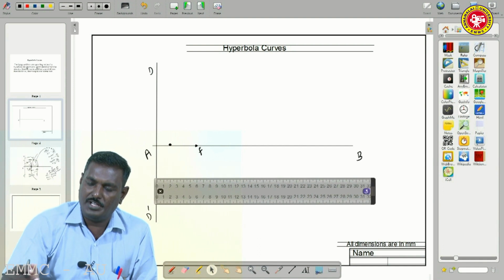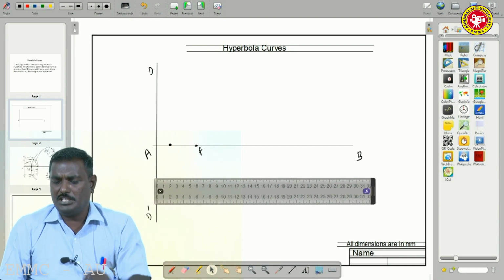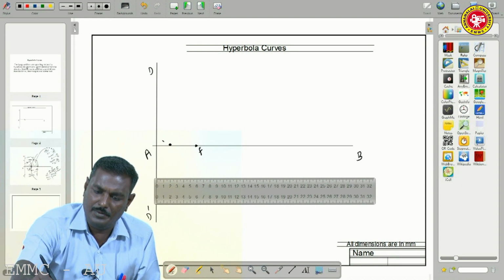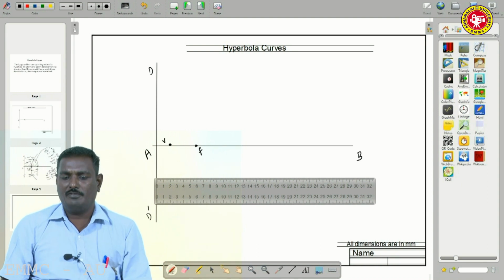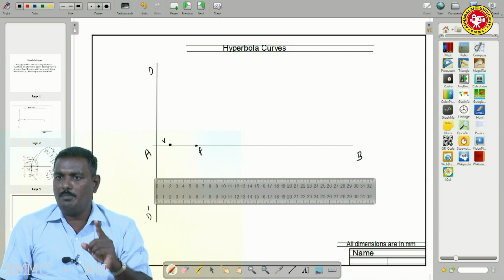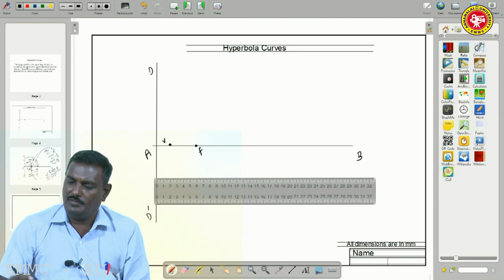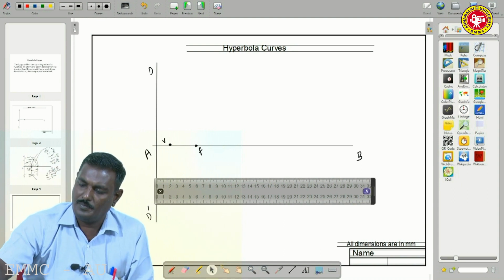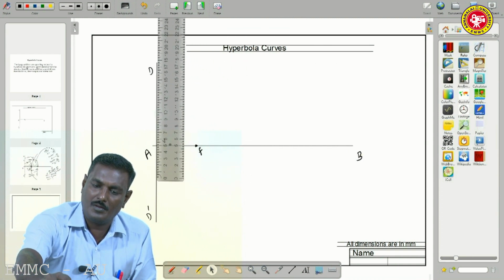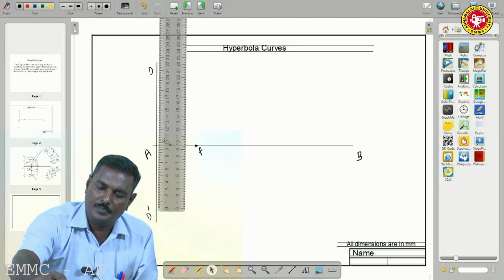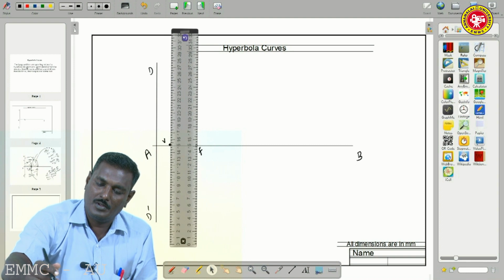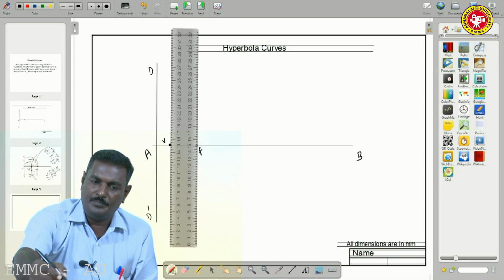So we have to mark 20 mm. That is the vertex point, V. So the next step, we have to draw a vertical line from the vertex point V. From this point we have to draw a vertical line.